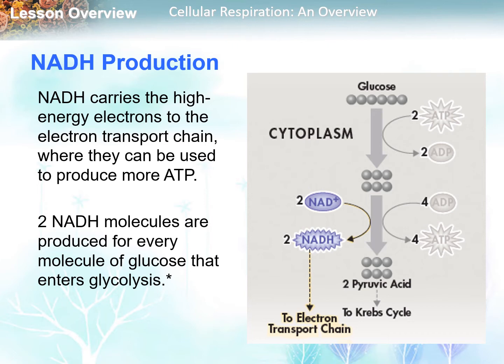Two NADH molecules are produced for every molecule of glucose that enters glycolysis. So at the end of this process, what are our products? We have a net gain of two ATP, and then we also have two NADH at the end of this glycolysis process.